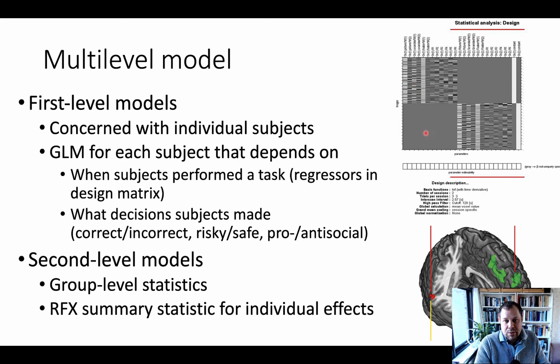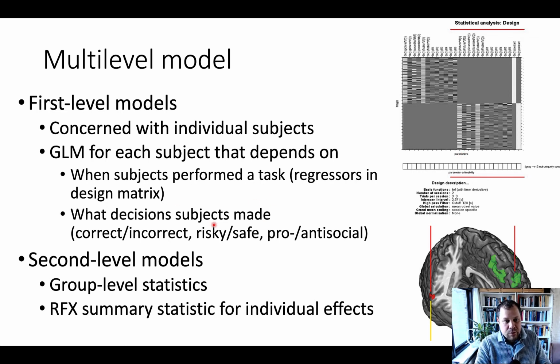And the design matrix, such as the one shown here, gives us a summary of all the predicted responses that are modeled as different types of regressors. So the columns here present regressors of interest and some regressors of no interest, such as the motion parameters here. And then the different blocks basically reflect the different runs, which are modeled separately in SPM and in this design matrix.